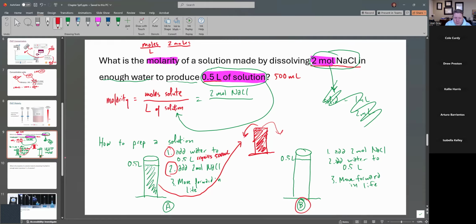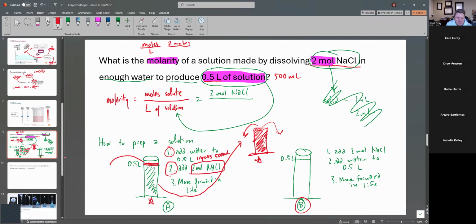But let's imagine that rather than this piece of glassware, sorry, if we did it with this piece of glass where we add the 500 milliliters, but then we added the NaCl, that's going to cause the solution to come up here.